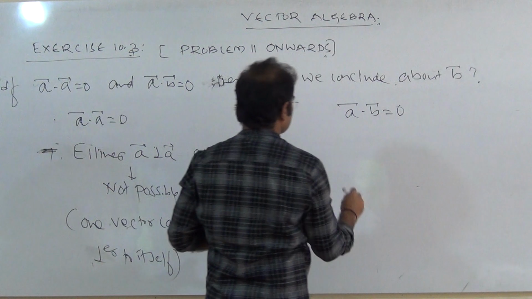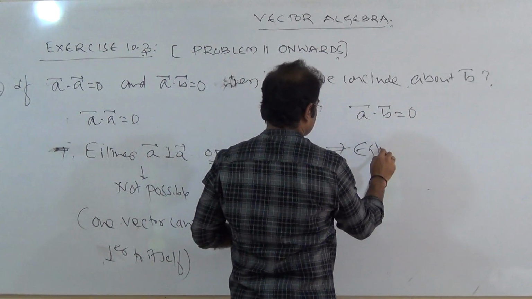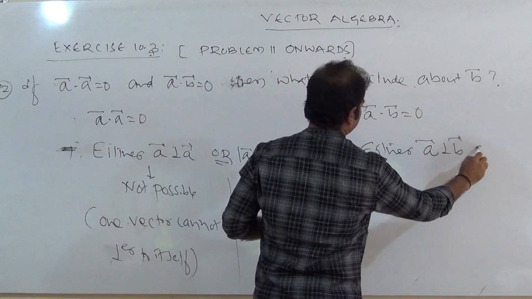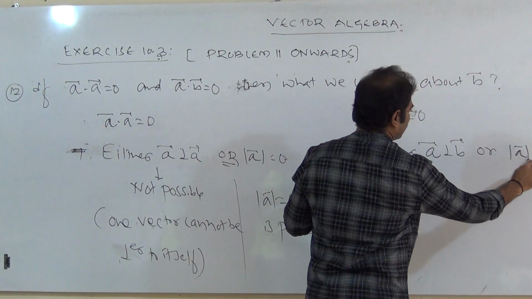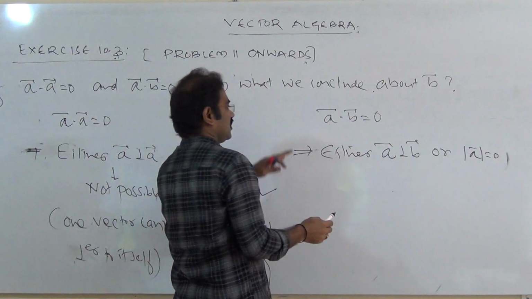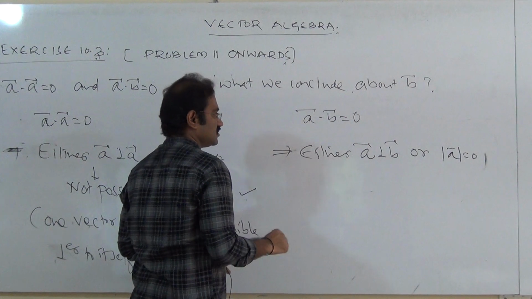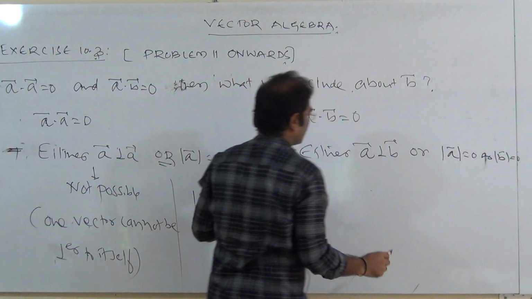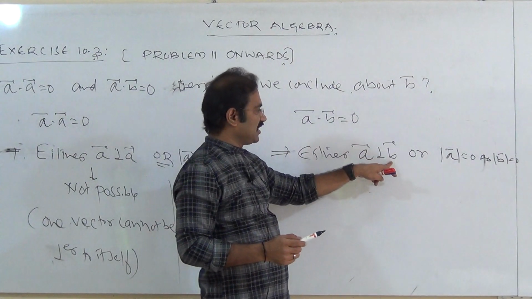A dot B equal to 0 implies that either A is perpendicular to B, or magnitude of A equal to 0, or magnitude of B equal to 0. But already magnitude of A is 0.